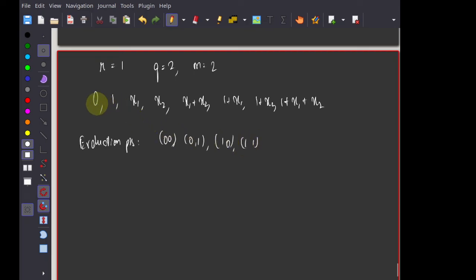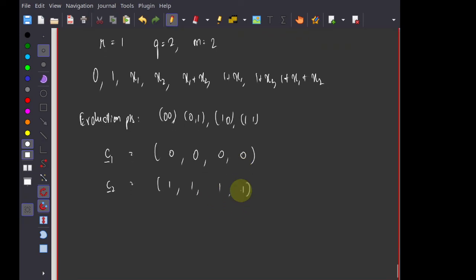Okay, so what will the first code word be? It is the evaluation of this particular polynomial, right? So the first code word in the code book is the evaluation of this polynomial at each of these points. What is the evaluation of this at this point? Similarly, the evaluation of this particular code word at each of these points, the constant polynomial. No matter where I evaluate it, it's always the same.